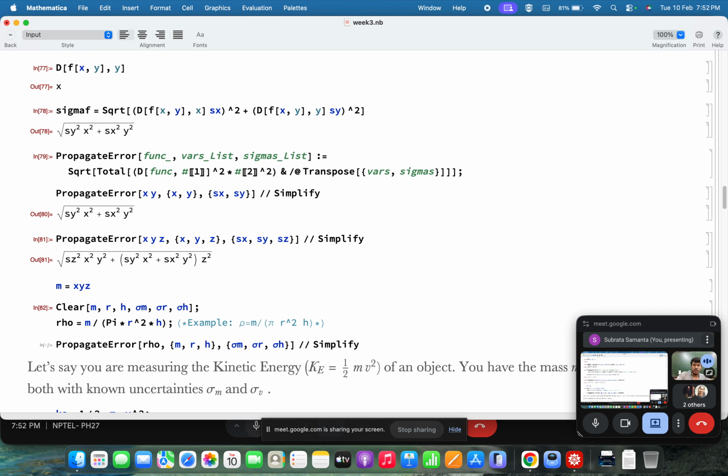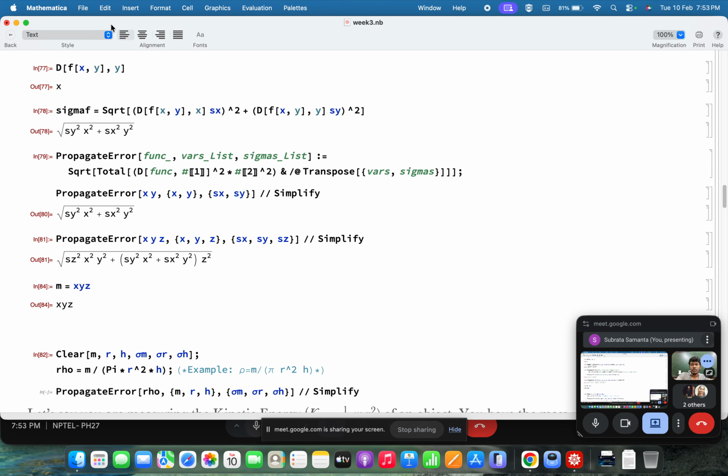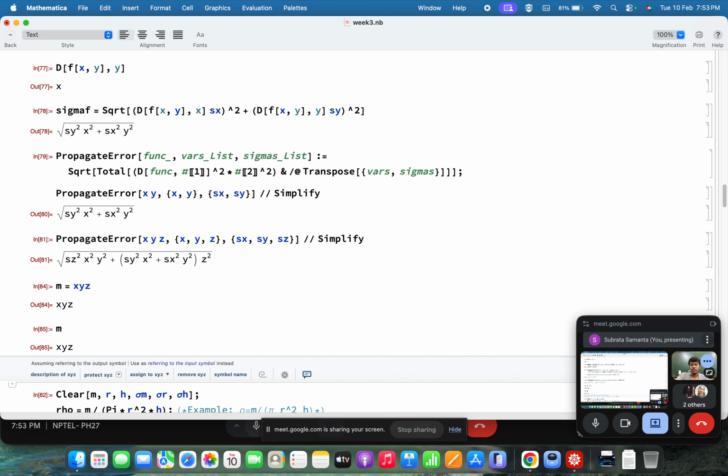This m is defined unless you clear it. In the whole Mathematica notebook, in this kernel, m equals x y z. If you call m, you see x y z, because x y z is actually assigned to m unless you clear it.